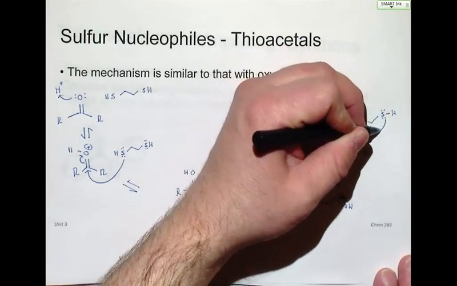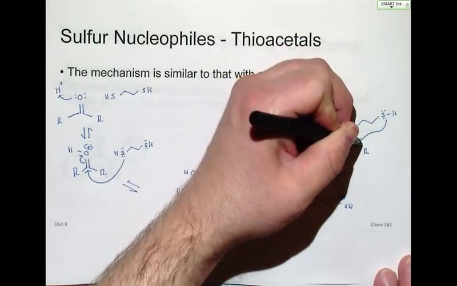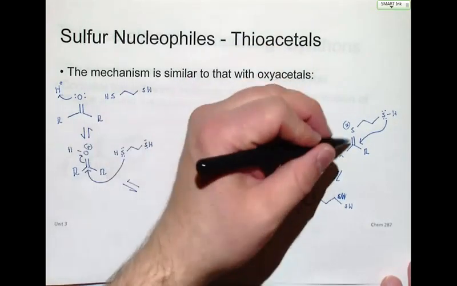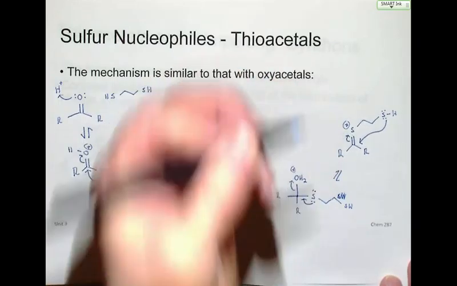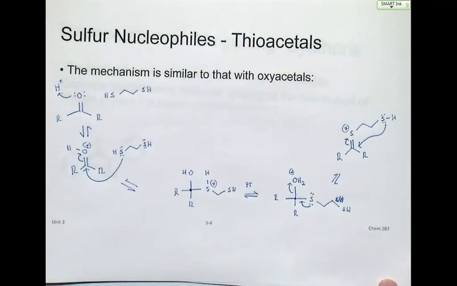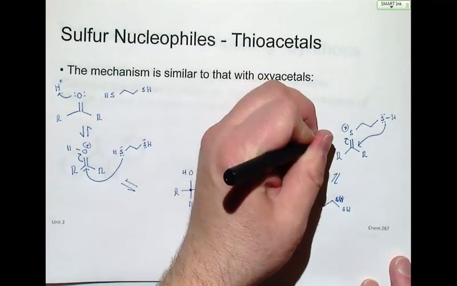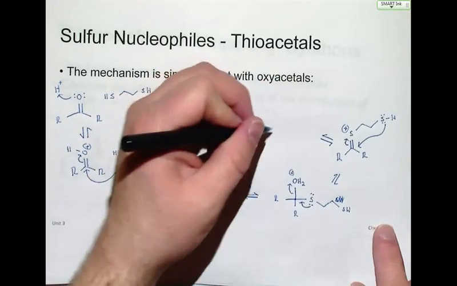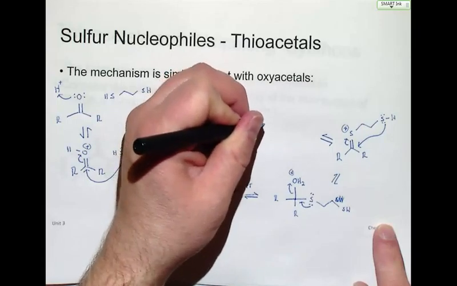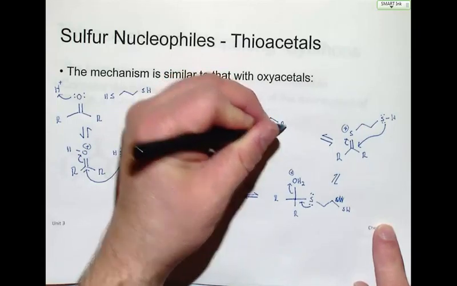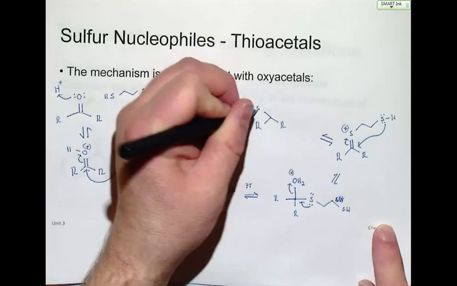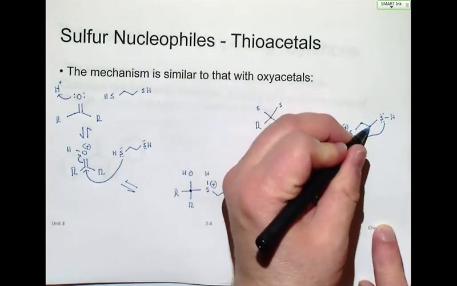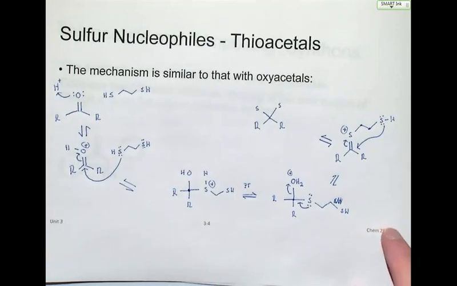Now we can see that we can get a second intramolecular nucleophilic attack. And we have a 2-carbon bridge here, so we're going to have a 5-membered ring in total.